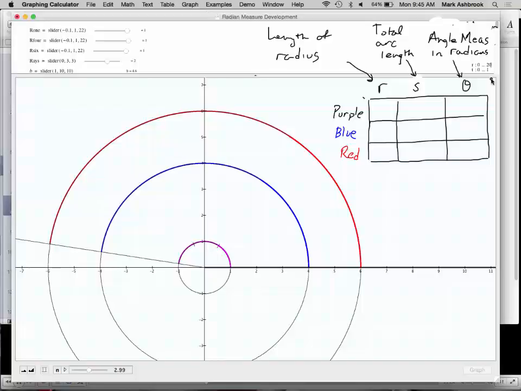So this symbol theta is what we use for angle measure. So theta could be degrees, it could be radians, or it could be some other unit for measuring openness. Okay? S and R are lengths. Length of the radius, total arc length, cut off. So fill out this table. You can work together. Check with the people around you. And so what we want in the end is we want a relationship of R, S, and theta. That's what we're building towards here.